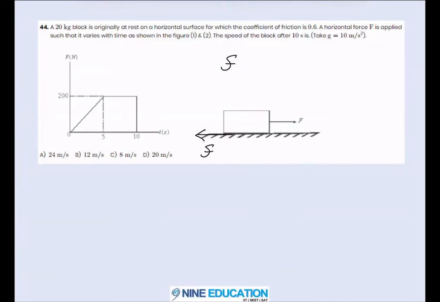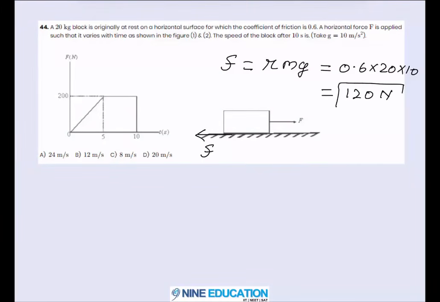So the value of the friction will be mu into N, mu into mg, where the normal reaction is mg, or its own weight. Now, what is the value of mu? Mu is 0.6. Mass is 20 and gravity is 10. So it will be about 120 Newton. Okay. So until and unless the force becomes greater than 120 Newton, the block is not going to move.